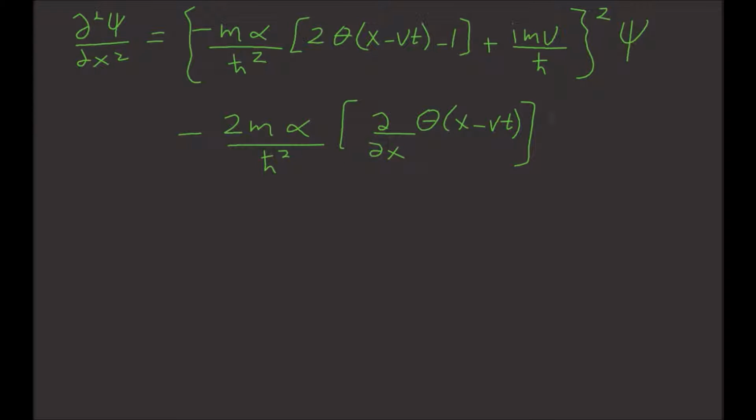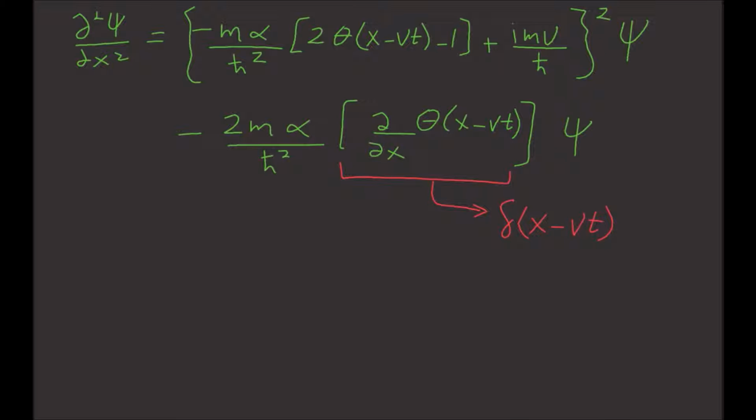Of course, that's times psi. Why? Because in video number 22 we showed this is going to give us the delta function of whatever we are dealing with, which is x minus vt.